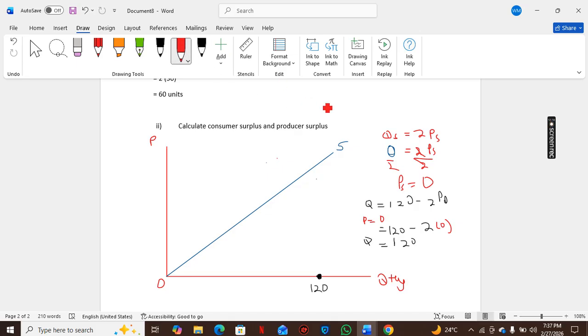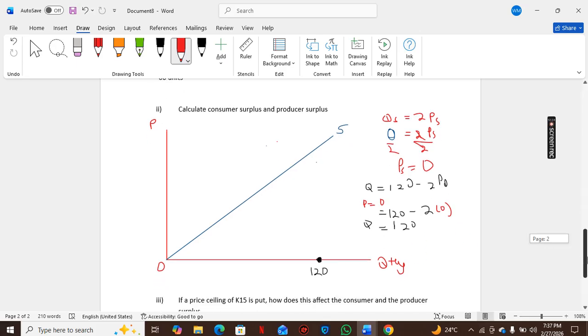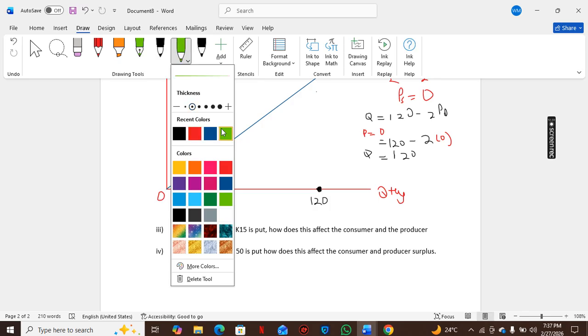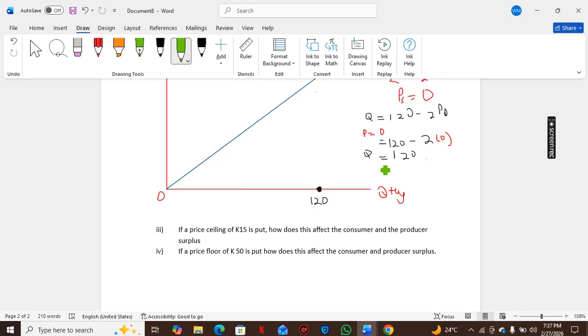And when the quantity is 0, what is the price? So you say when QD equals 0, our demand function will become like this: 0 equals 120 minus 2p.